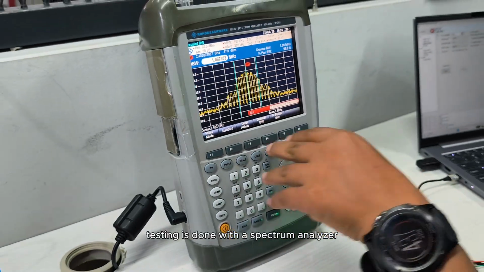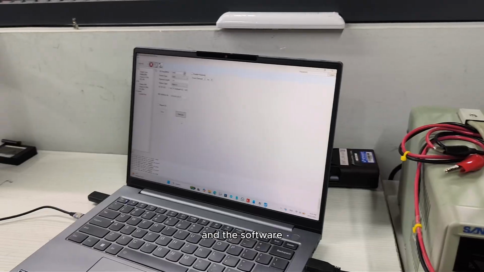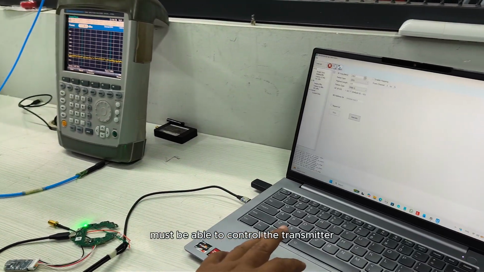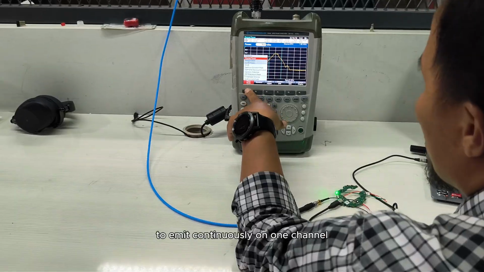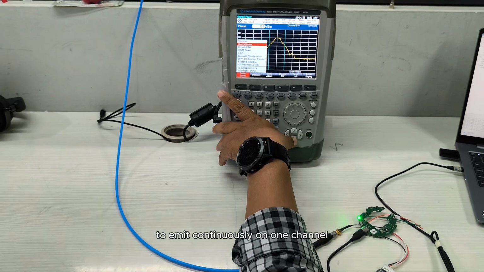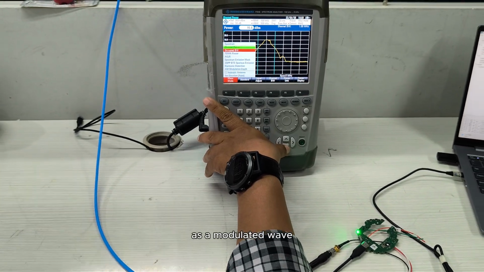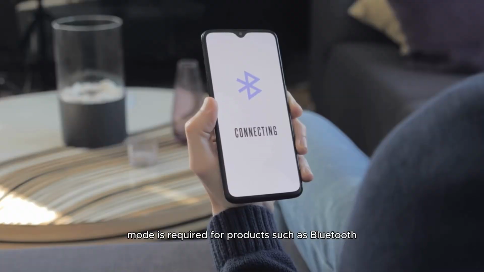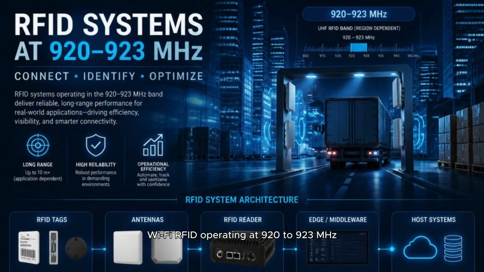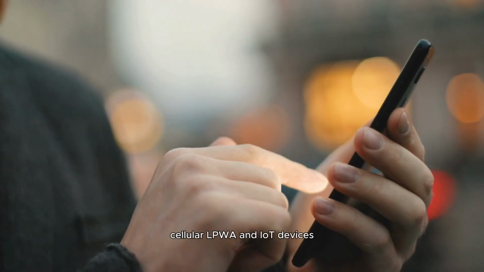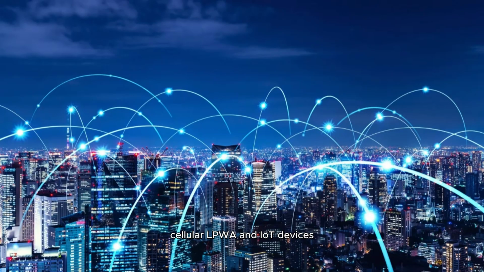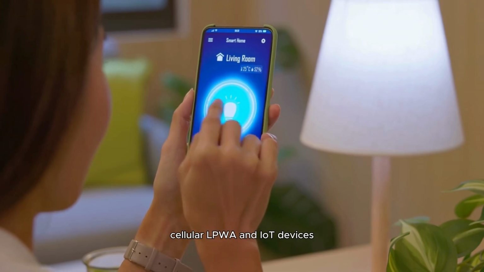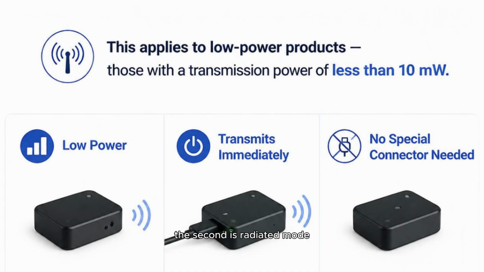Testing is done with a spectrum analyzer, and the software must be able to control the transmitter to emit continuously on one channel as a modulated wave. Conducted mode is required for products such as Bluetooth, Wi-Fi, RFID operating at 920 to 923 MHz, cellular, LPWA, and IoT devices.